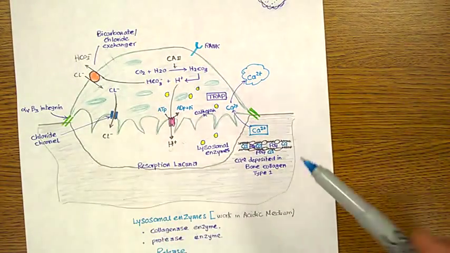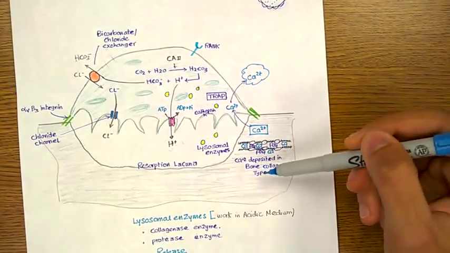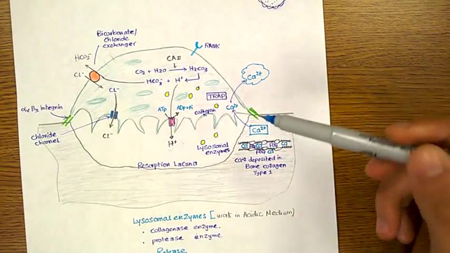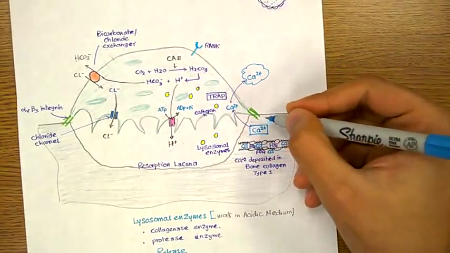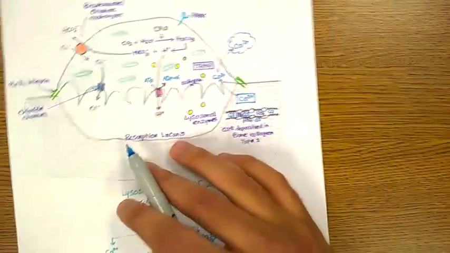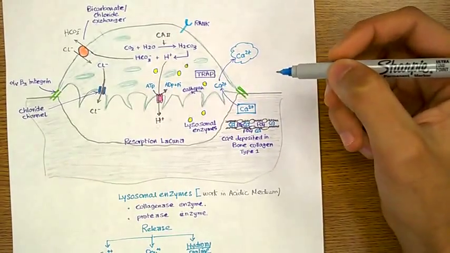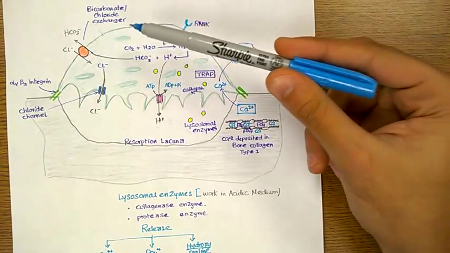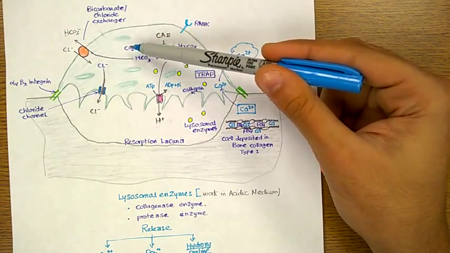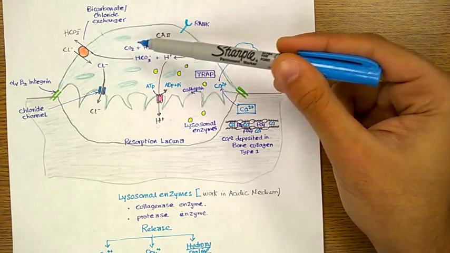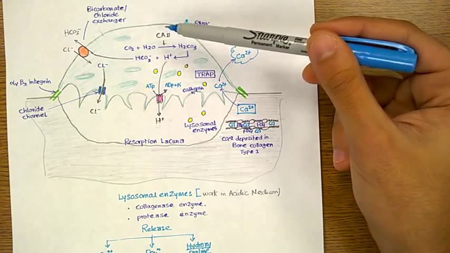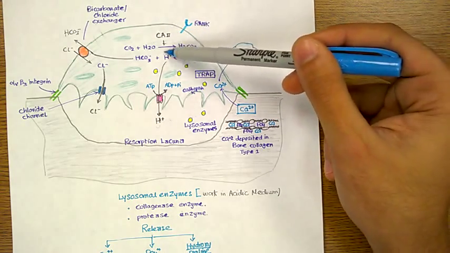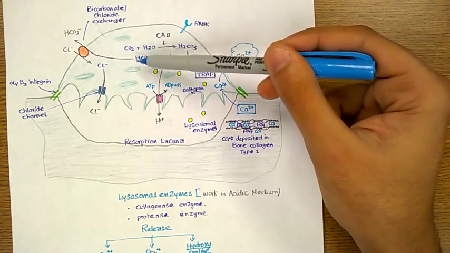This is the bone, and this is the calcium deposited in bone collagen type 1. This is the osteoclast, which lays over and binds to the edges of the bone by these green integrins. Inside the osteoclast, carbon dioxide reacts with water in the presence of carbonic anhydrase 2, resulting in hydrogen ion and bicarbonate.